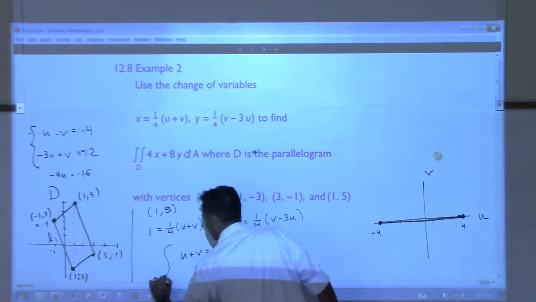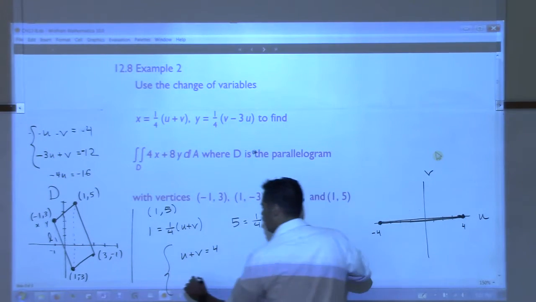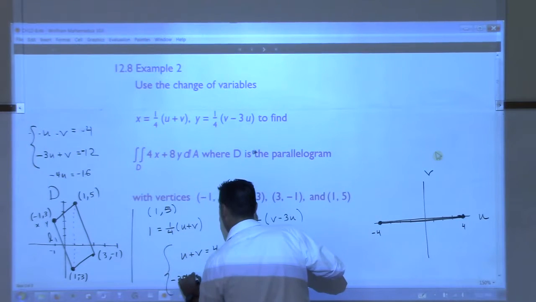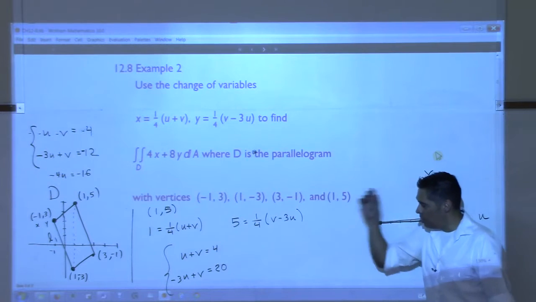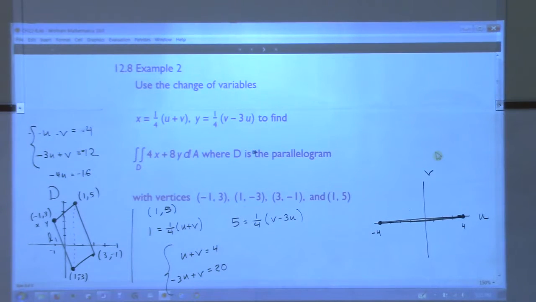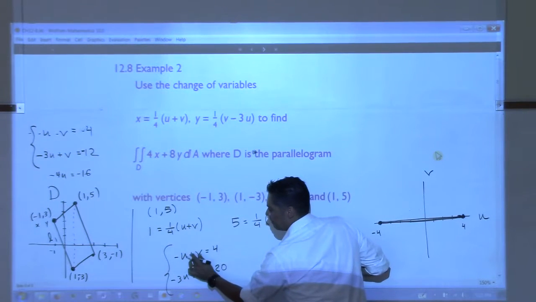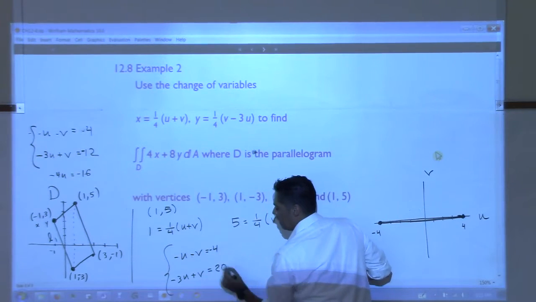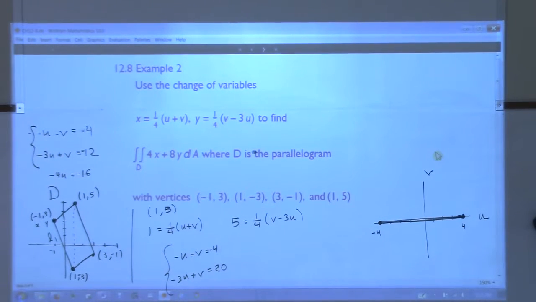Do this one a little different because I know I'm going to go to a system. This one is 20 equals -3u plus v is 20. So replacing that, solving or clearing out the fraction. Multiply by negative again. Negative, negative, negative, add down. -4u equals 16.